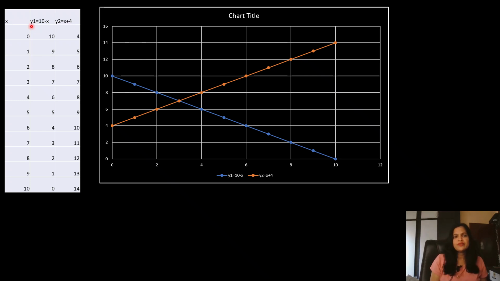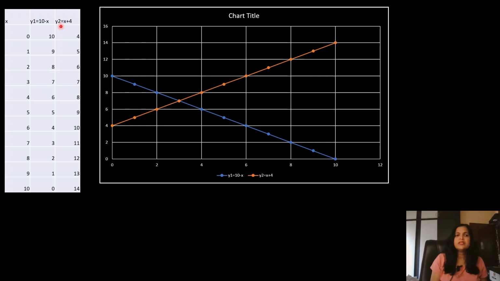We know the value of x now. Put x equal to 0 in 10 minus x: 10 minus 0 is 10, then 10 minus 1 is 9, 10 minus 2 is 8, 10 minus 3 is 7, 10 minus 4 is 6, 10 minus 5 is 5, 10 minus 6 is 4, like this up to 10 you have to find it.